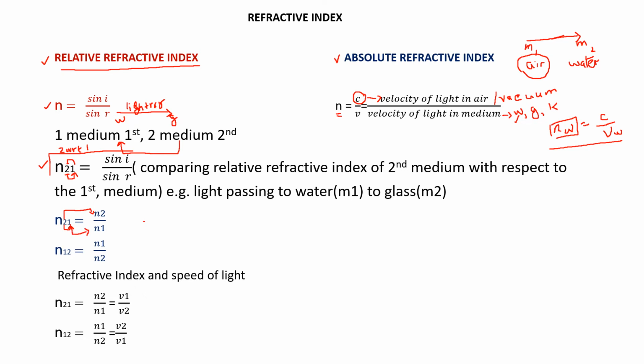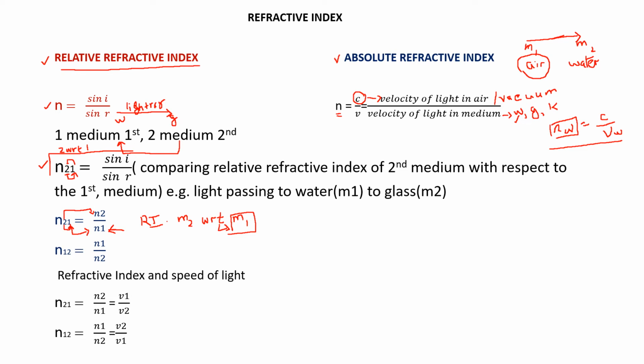One more thing: in the refractive index of medium 2 with respect to medium 1, whichever medium comes after 'with respect to' will always be written in the denominator. Clear, students? This is how you have to do it.